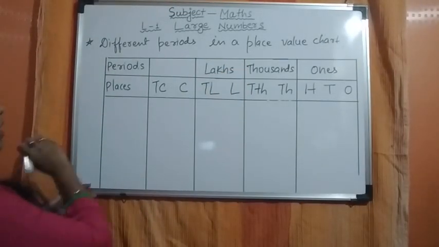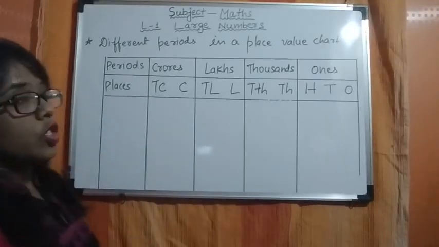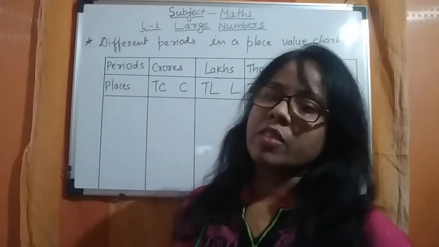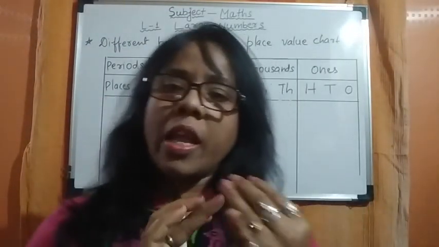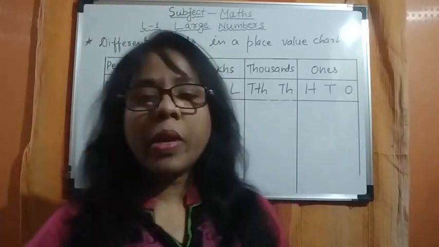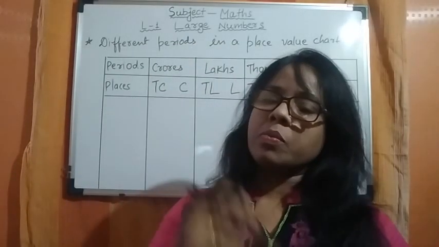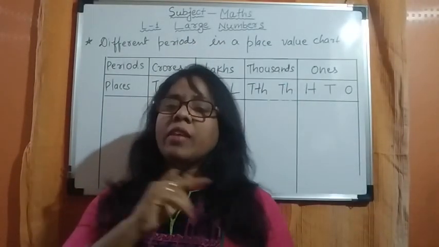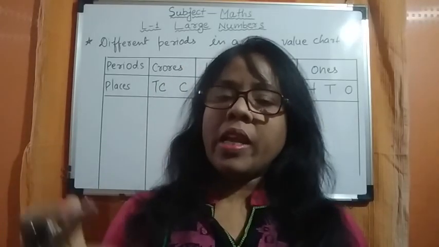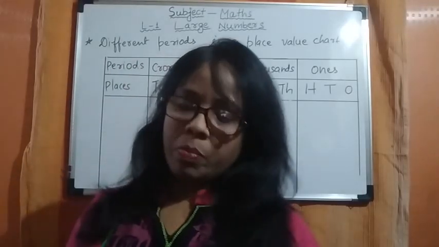And crore and 10 crore come in crores period. So these are the different periods in a place value chart. Ones, tens, 100 in ones period, 1000, 10,000 in thousands period, lakh, 10 lakh in lakhs period, and crore, 10 crore in crores period.